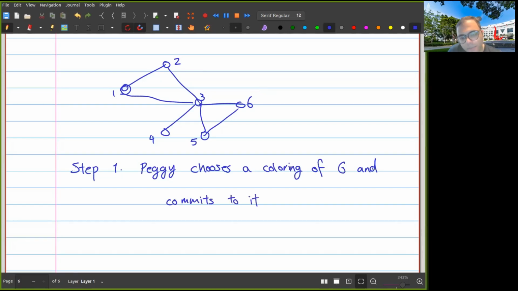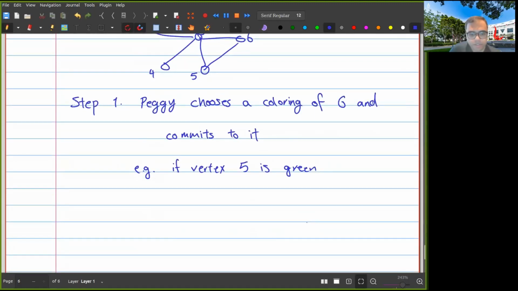So how do you commit to a coloring? Well, for example, if vertex 5 is green, she computes hash 5, which is the hash of the number 5, and let's say the color green and a nonce, and publishes this H5.